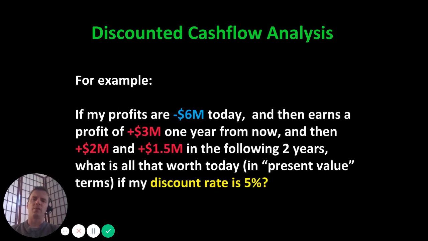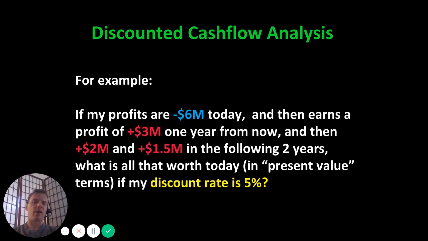Let's do an example. Let's say I'm in charge of some sort of enterprise, and my profits today are minus $6 million. In other words, I'm either having to spend $6 million while I'm not making any, or I lose $6 million somehow. And then in the following year, I earn a profit of plus $3 million.